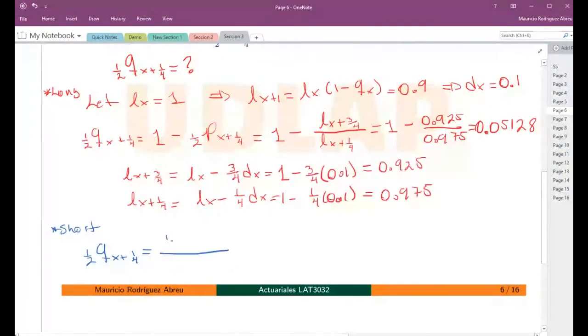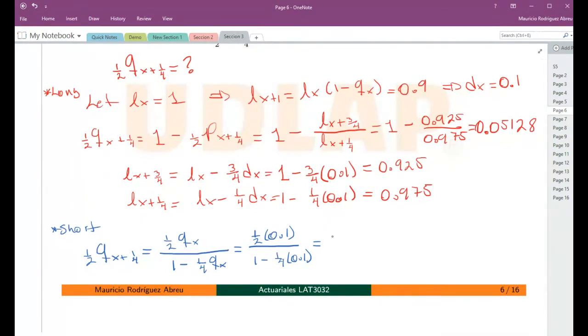So this means that this is 1/2 of qx. And we should get essentially the same value, or almost the same value.